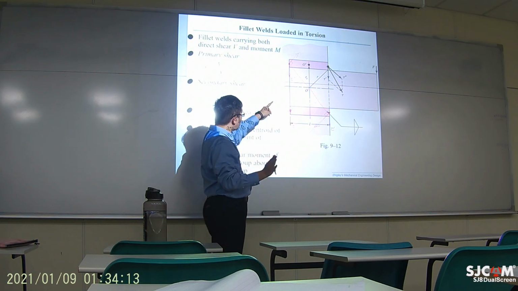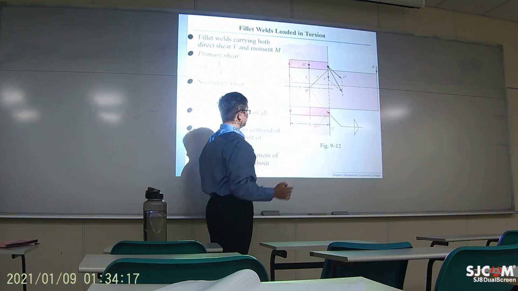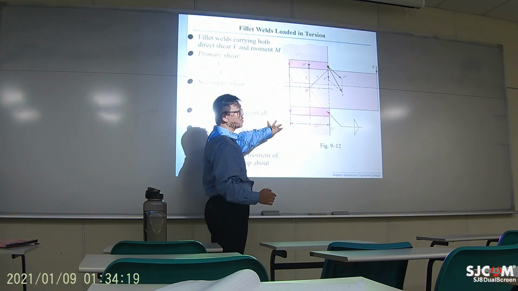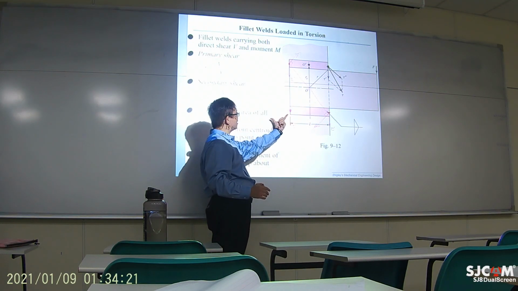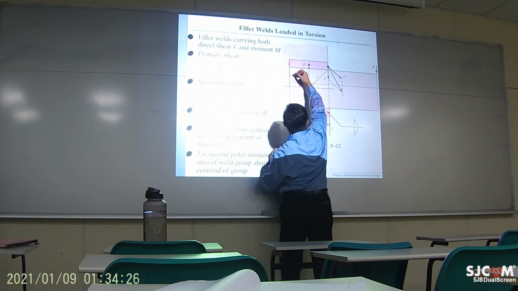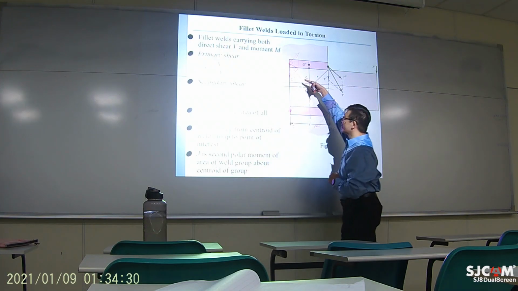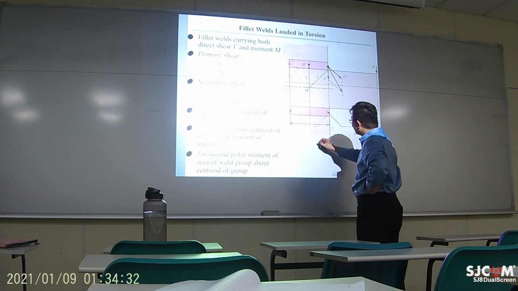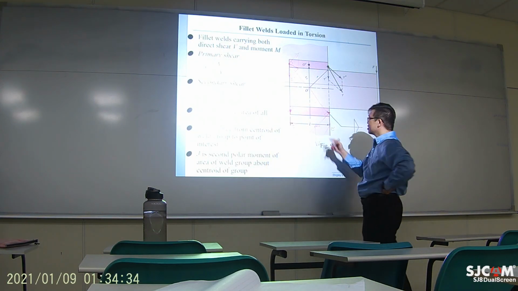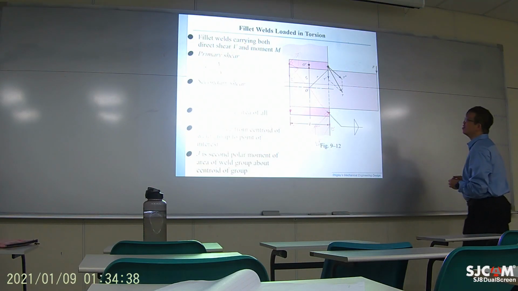So the combination of both is not a long one. Okay, so this one is fine because the total shearing stress is not as large as that one. Similarly, the total shear at this one is like that, and this one would be like this. So it would be a long vector as well.